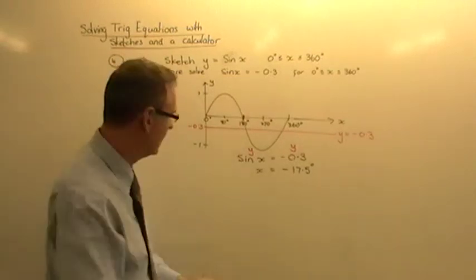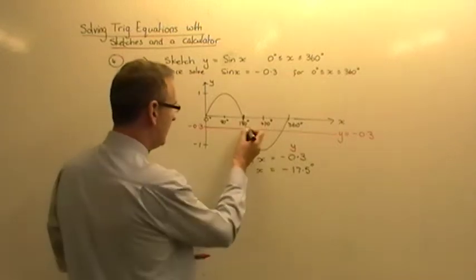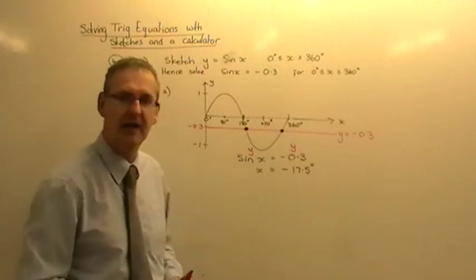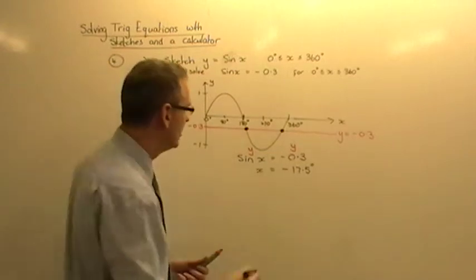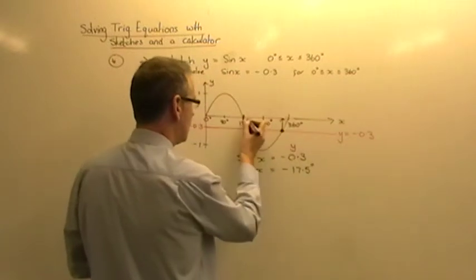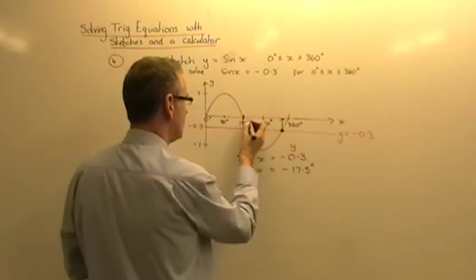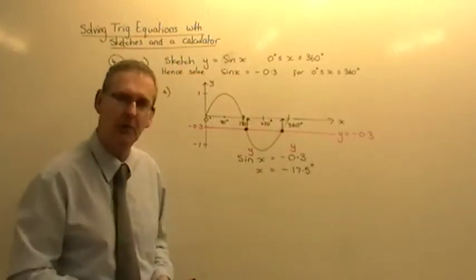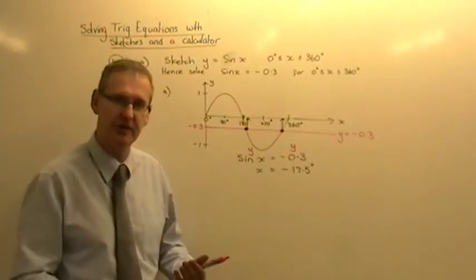2 answers again. And the 2 answers will be there and there, where the intersection of the straight line and the curve exist. And to get the 2 answers, you need to read up to your x-axis in these 2 positions, there and there, like so. So, no problem. Here we go then, let's use the symmetry of the curve.